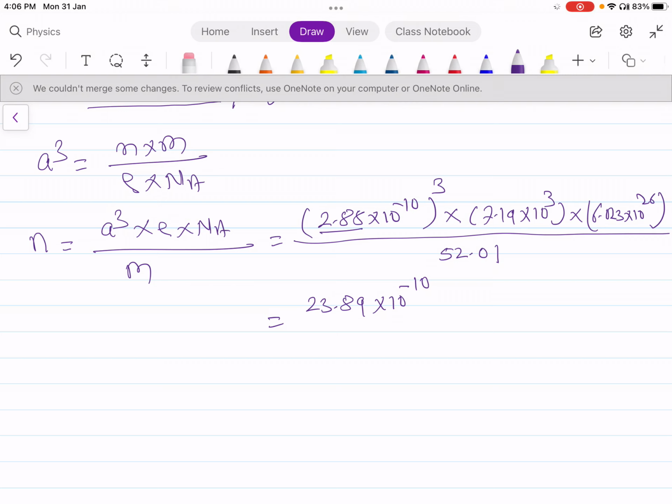So I will just simplify this: 7.19 into 6.023 into 10 to power minus 30 plus 3 plus 26.